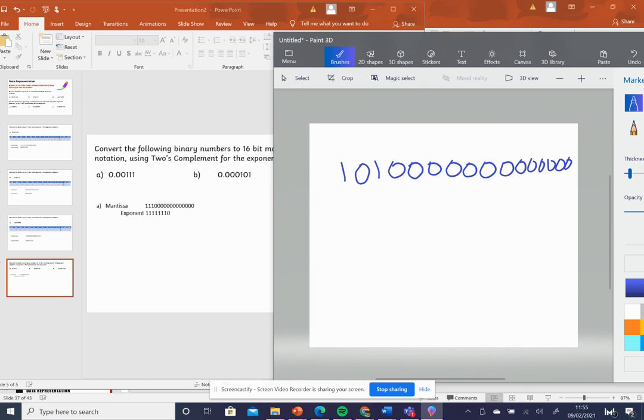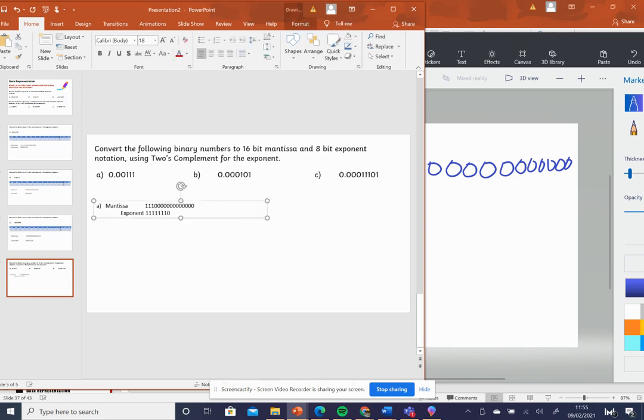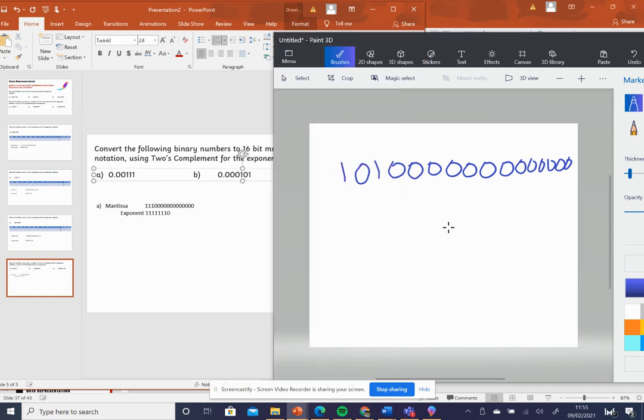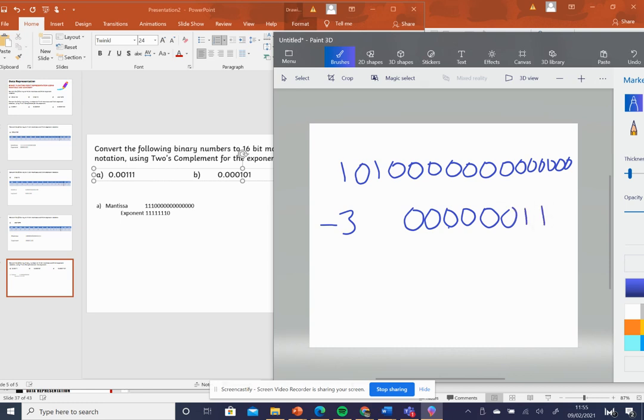The exponent this time, if you look at the decimal place there, we're going from here back to in front of this one here. So we're going back 1, 2, 3 steps this time. So my exponent has got to be -3. Again, it's an 8-bit exponent that we're writing down. So to write down 3 in 8 bits, it is 00000011.